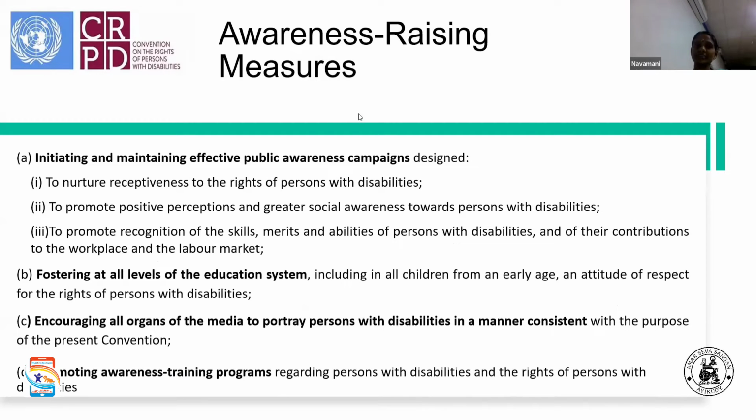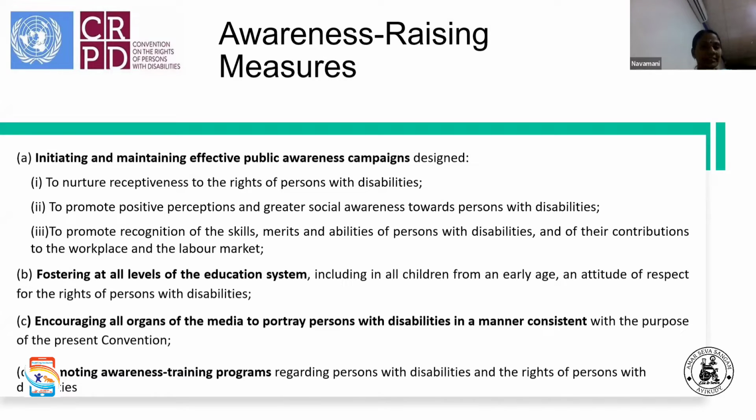The awareness raising measures include initiating and maintaining effective public awareness campaigns, which nurture receptiveness to the rights of persons with disabilities, promote positive perceptions, and promote recognition of the skills, merits and abilities of persons with disabilities and their contributions to the workplace and the labor market.